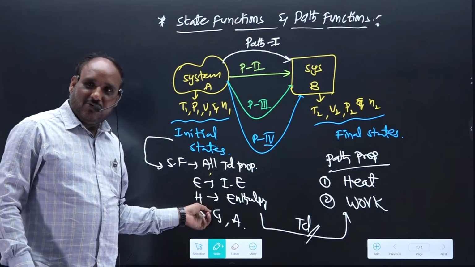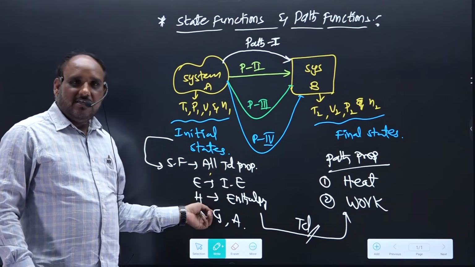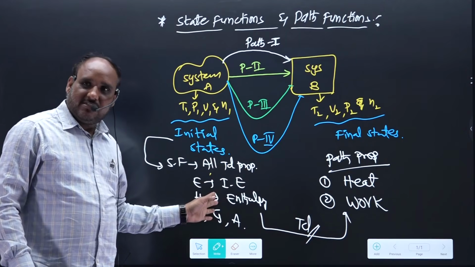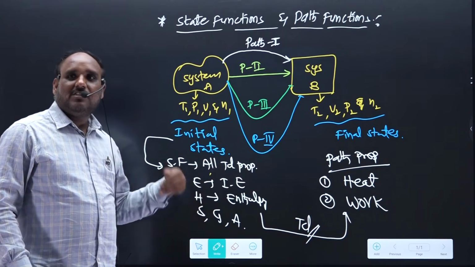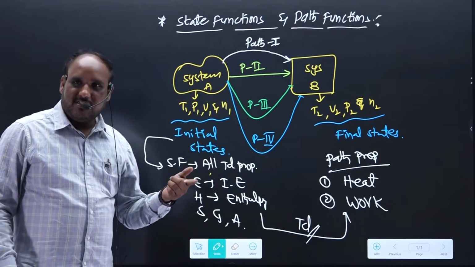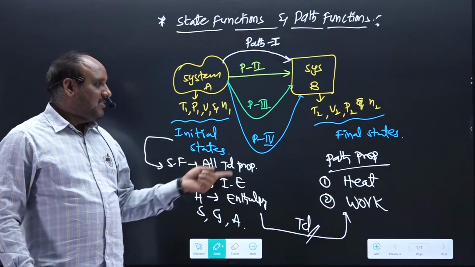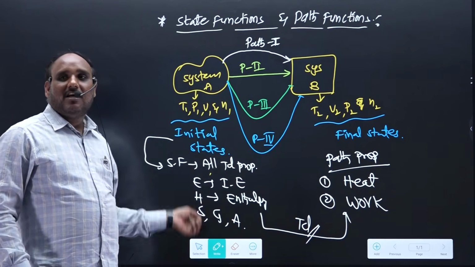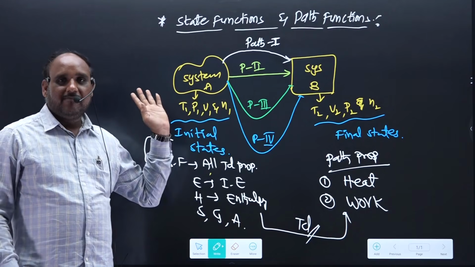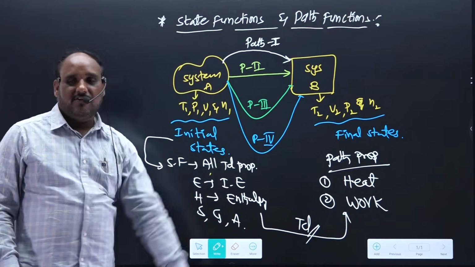What is the change of entropy? What is the change of Gibbs free energy? With these changes, we can tell whether the process is reversible or irreversible, spontaneous or non-spontaneous. So these we are going to explain with the help of these properties. This is the importance of thermodynamics of state functions and path functions.